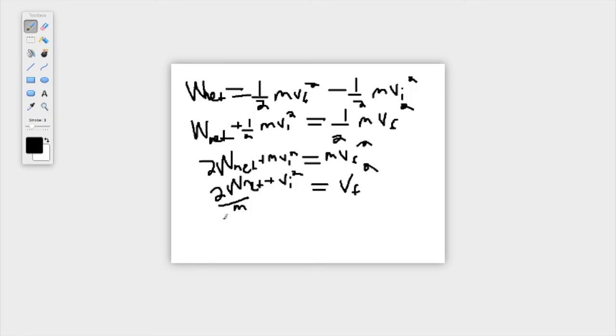So you get the square root of 2W net over m plus vi squared, which equals vf, my bad.